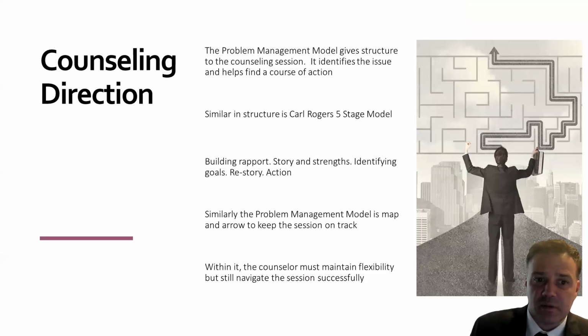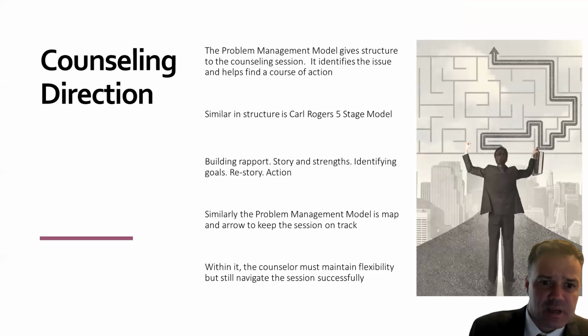The second element involves the story and strengths of the individual's event or problem that they are discussing, the narrative, so to speak. And that involves good listening skills and also good responding.